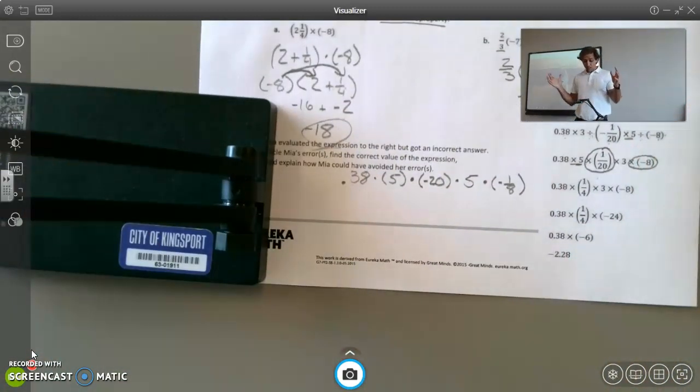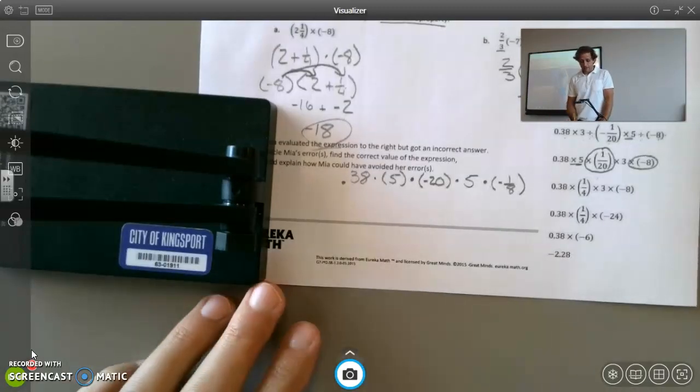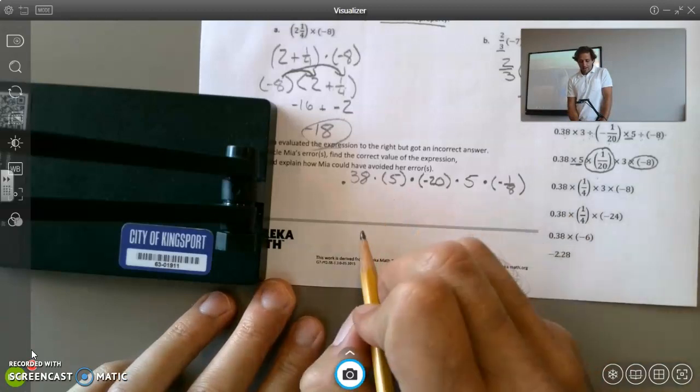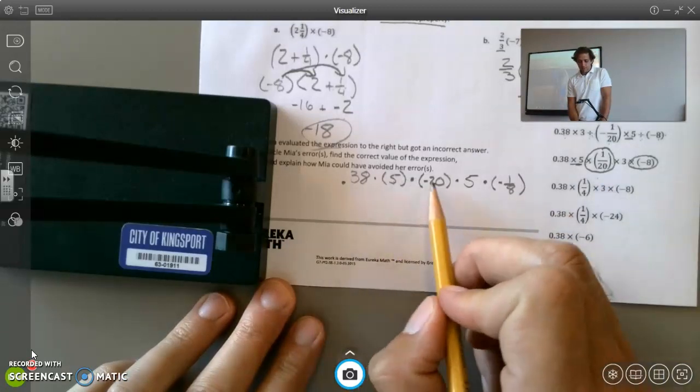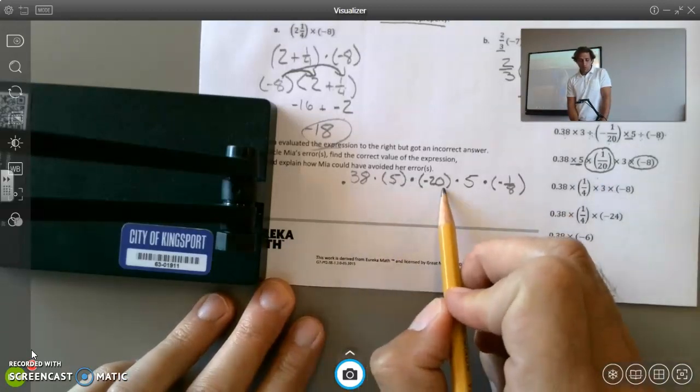Okay, now we need to look for numbers that work well together. I don't see a lot of numbers that work well together. This looks difficult. I've got decimals, I've got fractions. So there's really a couple ways we could probably approach this, but I'm going to show you the way I ended up deciding on. Now, I see 5 times 20.